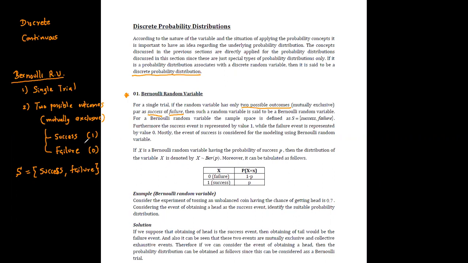It means you can name success as 0 and failure as 1. Anyhow, these are just notations only, and we are not going to worry much about these numeric values. We are just paying attention to these notations as ones and zeros.